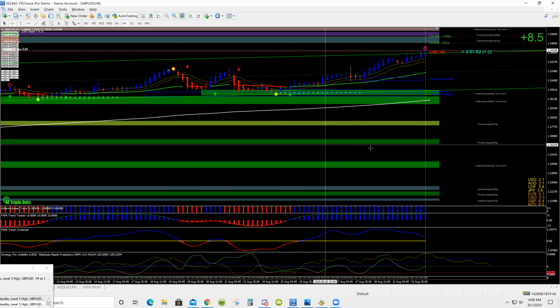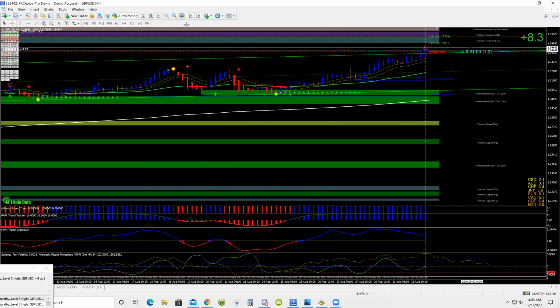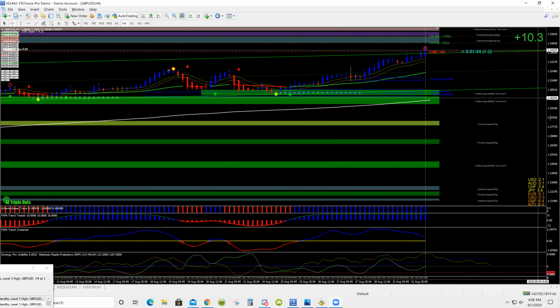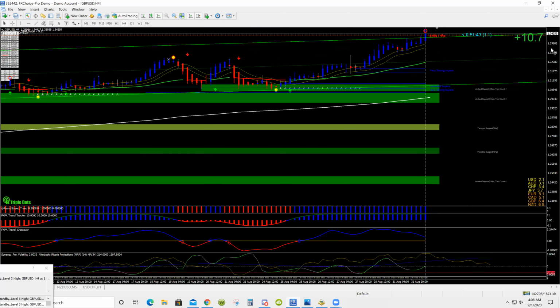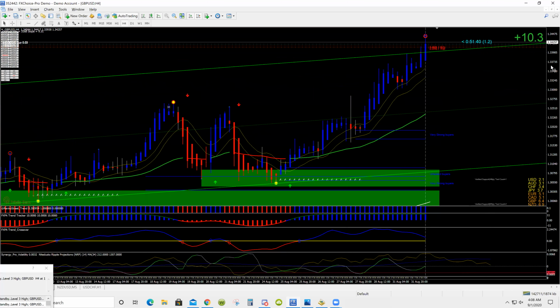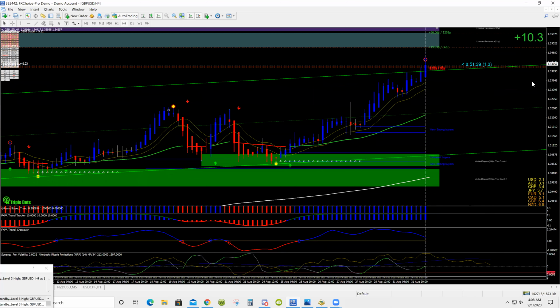So this is how you trade, this is how you manage the trade. Let me show you what I do. So this is what I do, guys. If it comes back and hits my stop loss, I hit my stop loss. I have my stop loss really tight, so if it hits this, it takes me out.